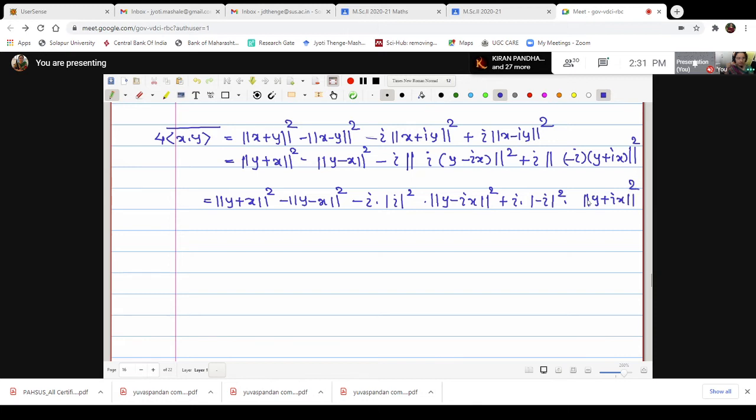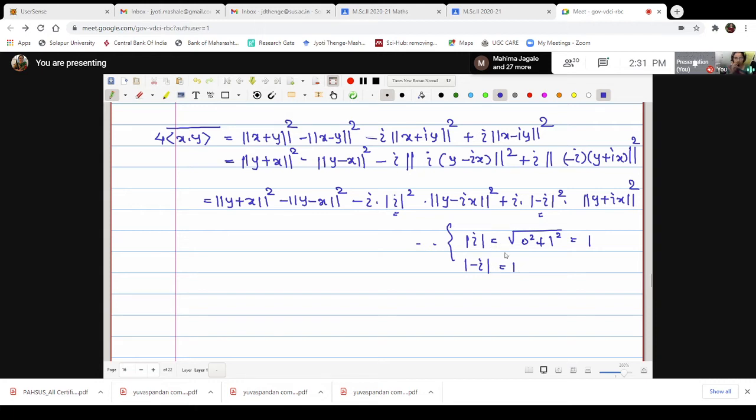But what are the modulus values of plus i and minus i? What is modulus plus i? Modulus plus i is 0 square plus 1 square, that is 1. Similarly, mod of minus i is also 1.